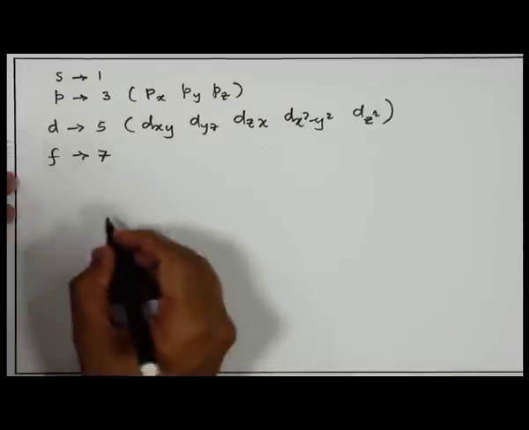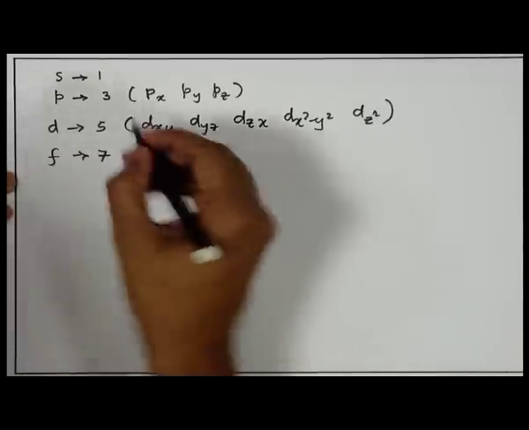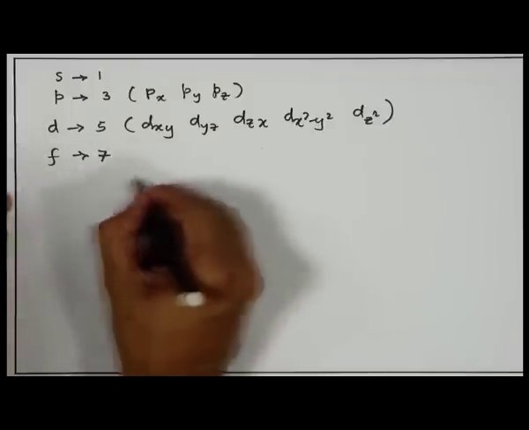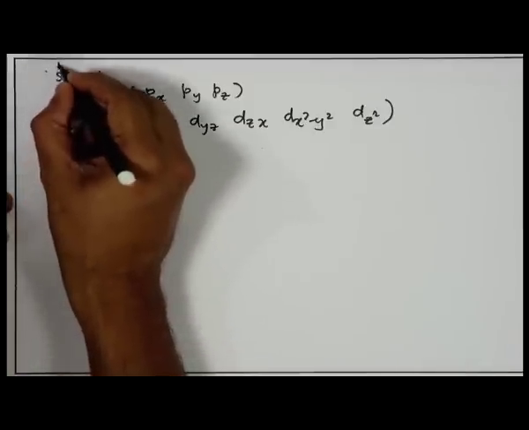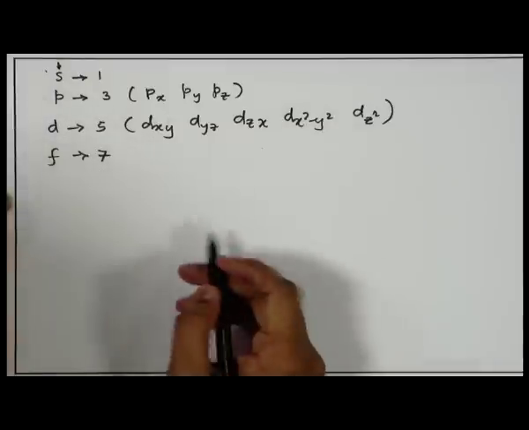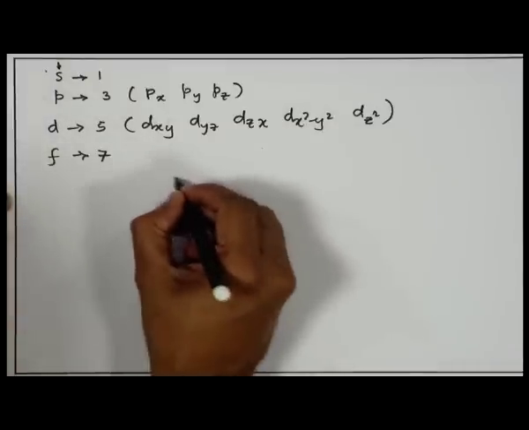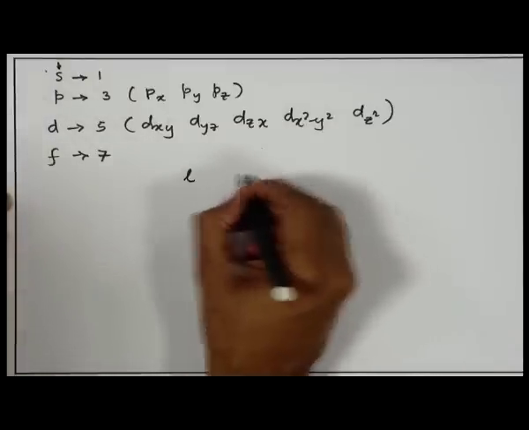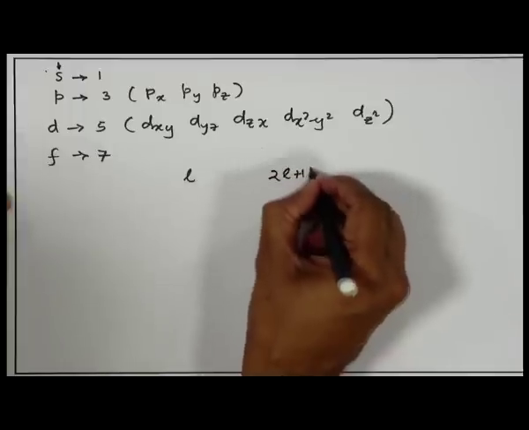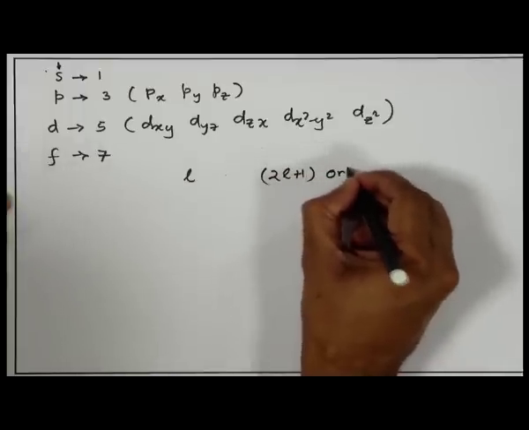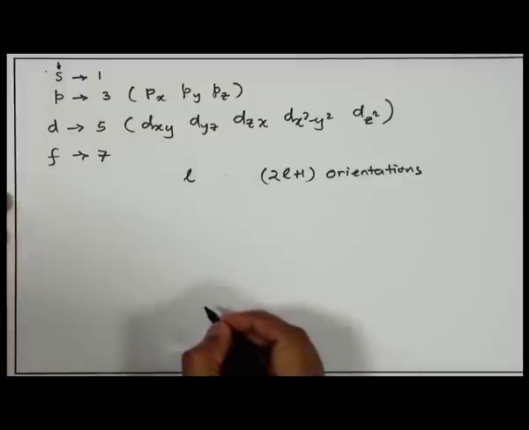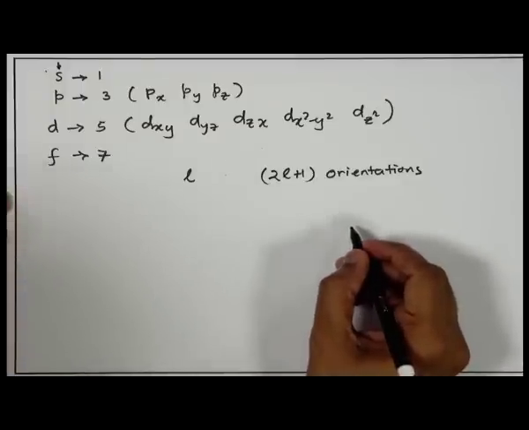So, you see for a given value we can actually generalize this. Because s, p, d, f signify a particular value of L, for a given value of L there are 2L plus 1 orientations possible. And what are the values of these 2L plus 1 orientations?